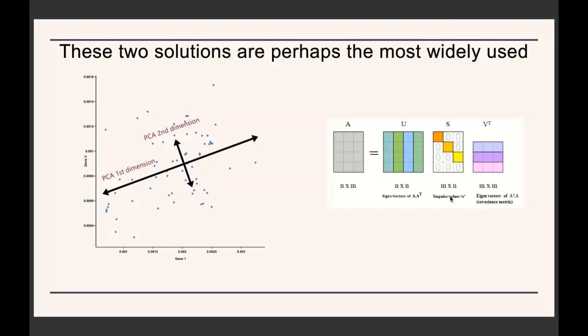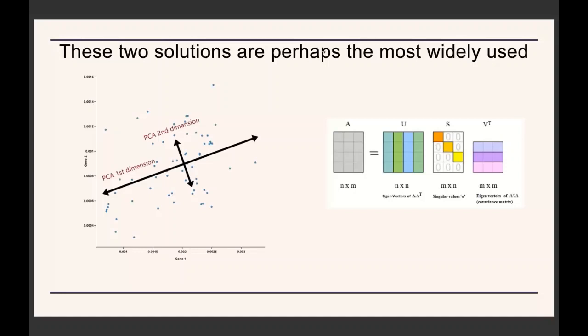Singular value means that, barring the diagonals, all of the values are 0. Then you have the eigenvector matrix, which is also called the covariance matrix. So if you can decompose your matrix like this, you can use SVD on top of that.